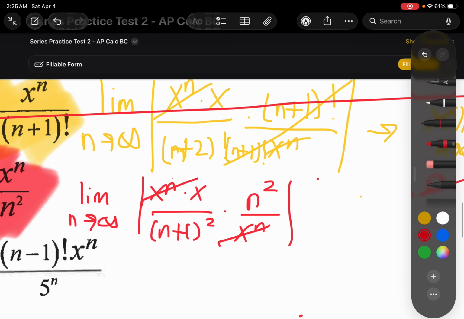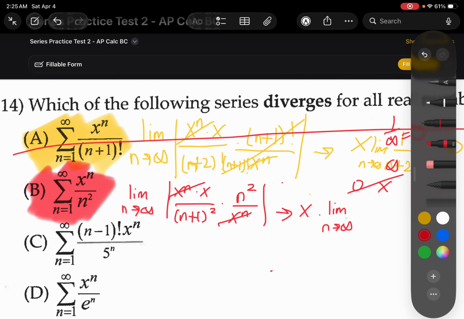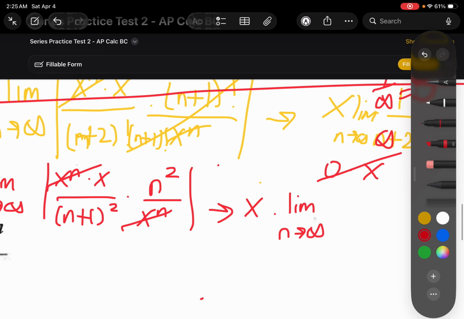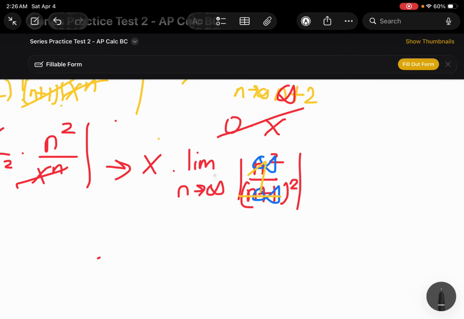So we're going to simplify that. Limit as n is approaching infinity of n squared over n plus 1 squared, which is just infinity over infinity, which equals 1 in this scenario. For L'Hopital's rule, that is indeterminate, but for this it's 1.